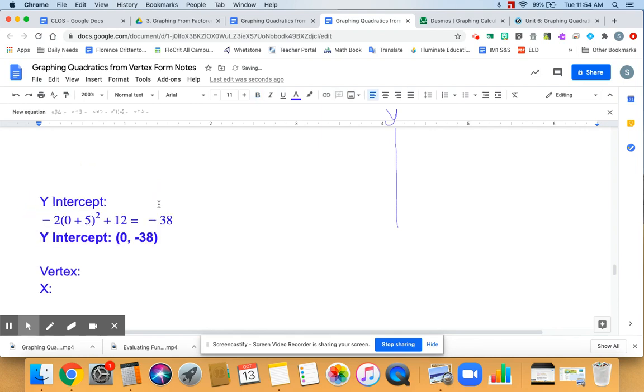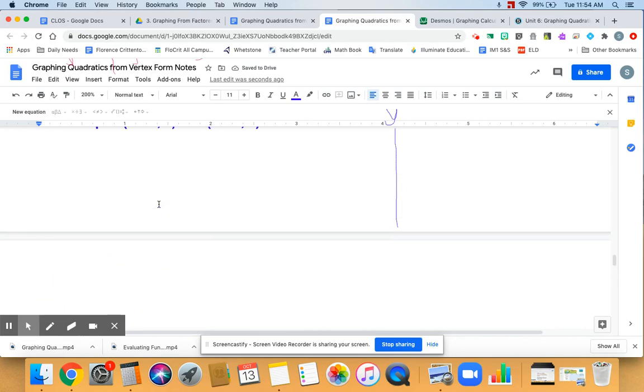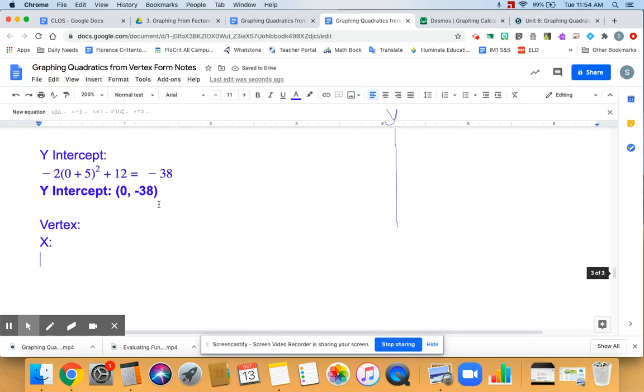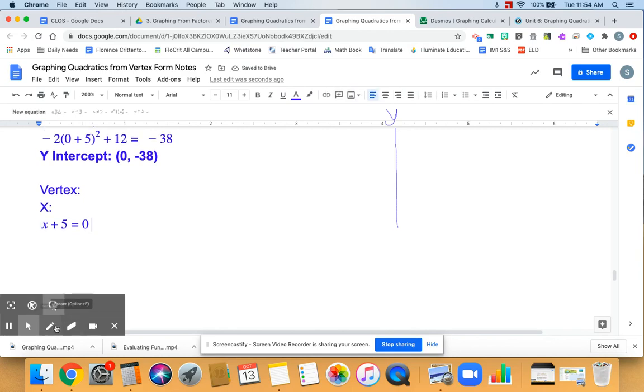And for the vertex, to get the x value, remember we take the inside of the parentheses. So in this case, it's going to be x plus 5 that's inside the parentheses. And you make it equal 0. So then how am I going to solve for x? You minus the 5 away. Because plus 5 minus 5 eliminates.